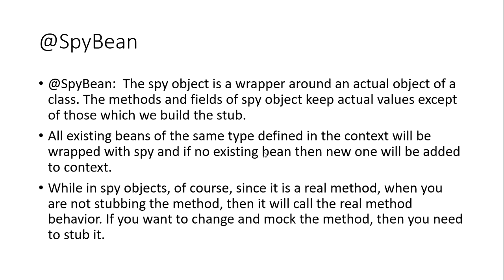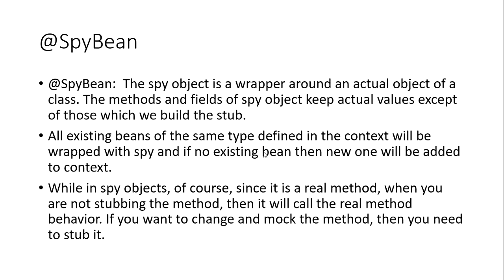Case two: let's assume you haven't applied any mocking behavior, and you just have a field annotated with spybean. Now if you invoke any method of that object using the variable dot method one, it will not return null.